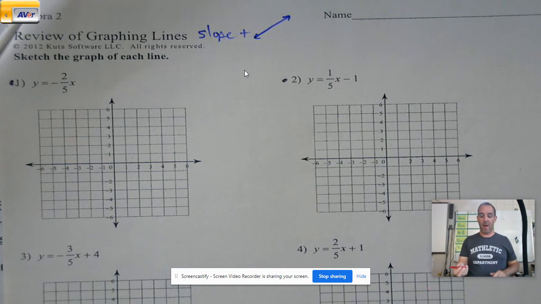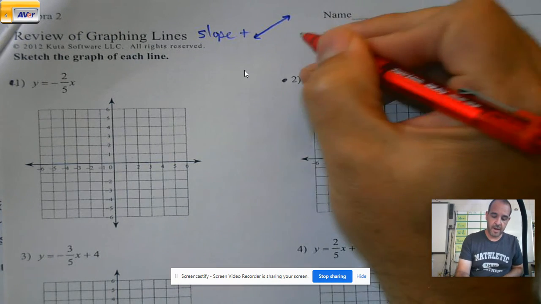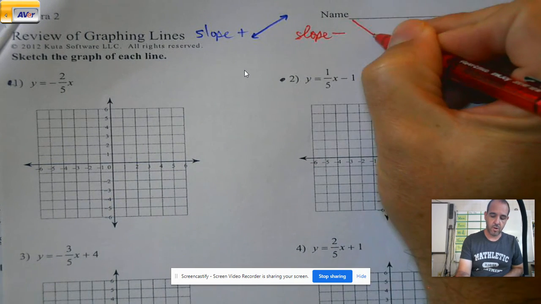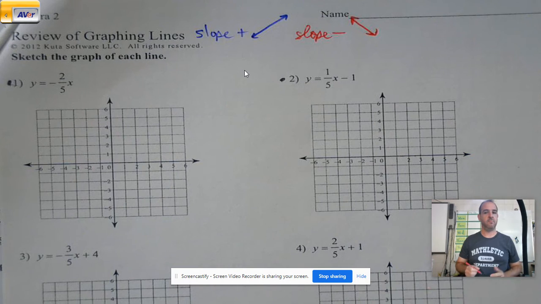When we have a slope that is negative, we're going to have lines that are going down to the right. So it's a little hint on what my line should look like before I even start. If something doesn't look right after I plot my points, I'm like, wait a minute, it's positive, it's supposed to be going up to the right. What happened? I can kind of think about it a little bit.